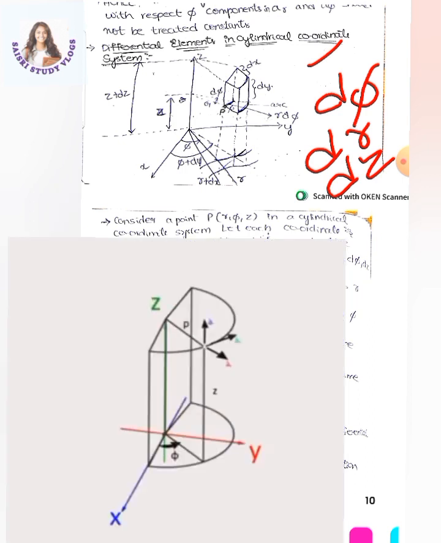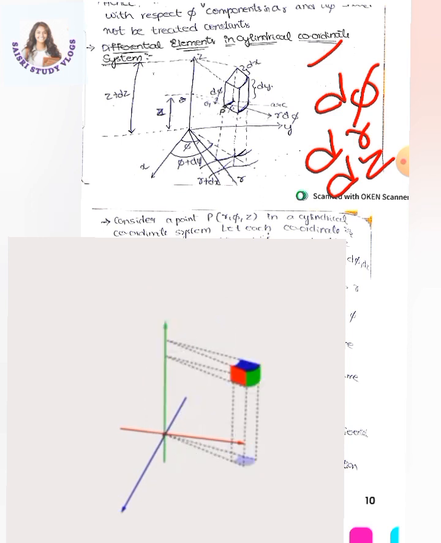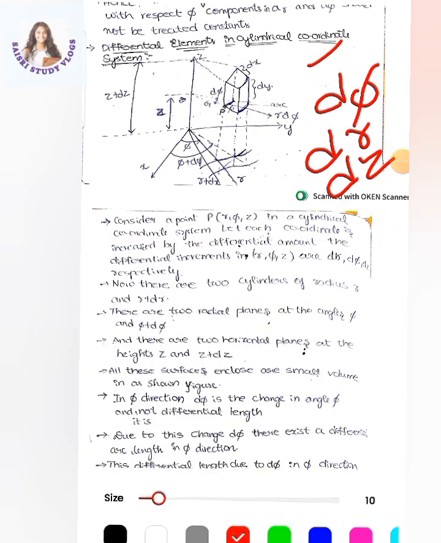In the Cartesian plane, all three are in the same dimensions. For example, x is in centimeters, y is in centimeters and z is in centimeters. But in the cylinder, the top part is the radius, which we can measure in meters or centimeters, and the bottom part also in centimeters or meters, but the curved surface we have to measure in degrees.